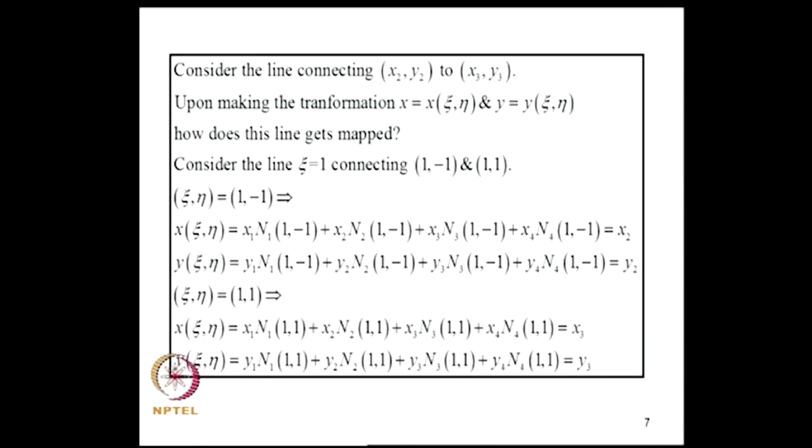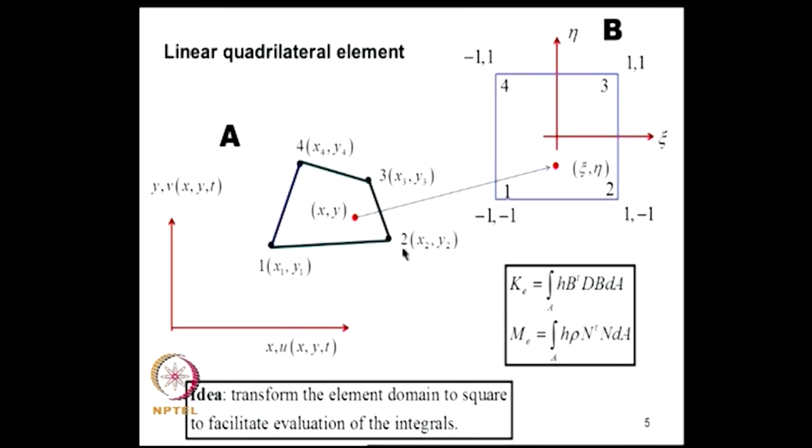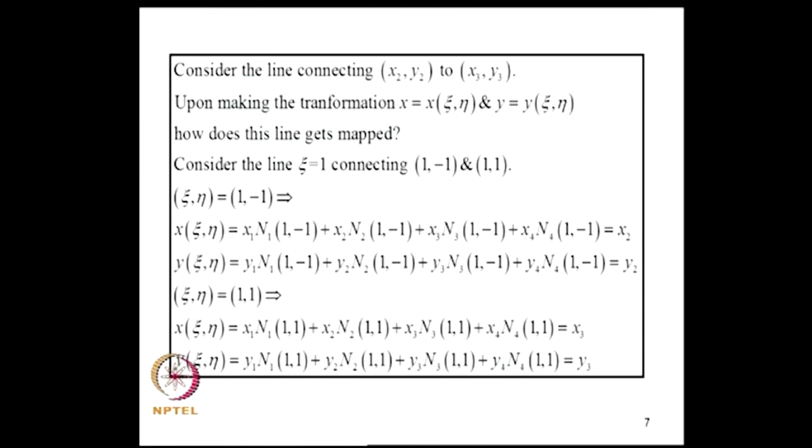Now, let us consider the line 2, 3 and this line 2, 3. We want to investigate what is the relationship between the two. So, let us consider the line connecting x2 y2 to x3 y3. Upon making the transformation x equal to x of xi comma eta and y equal to y of xi comma eta, how does this line get mapped?